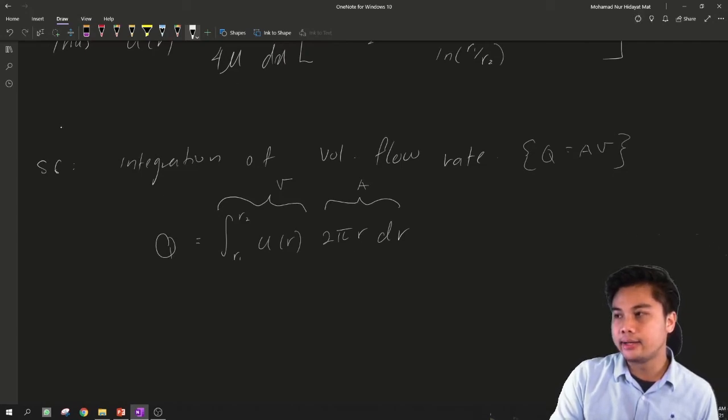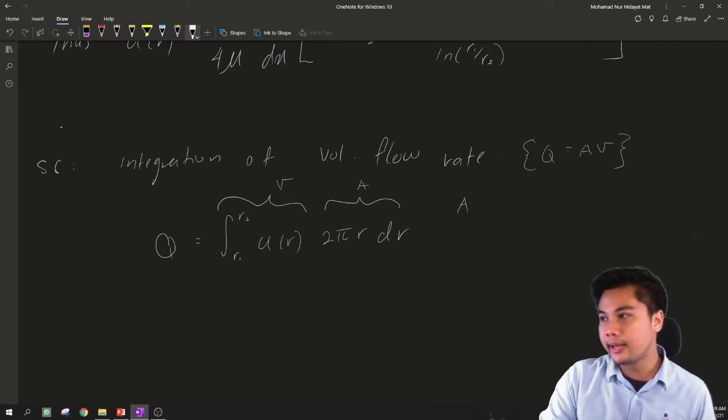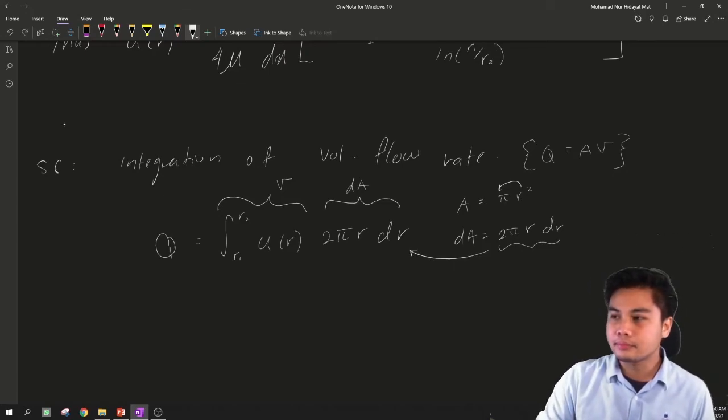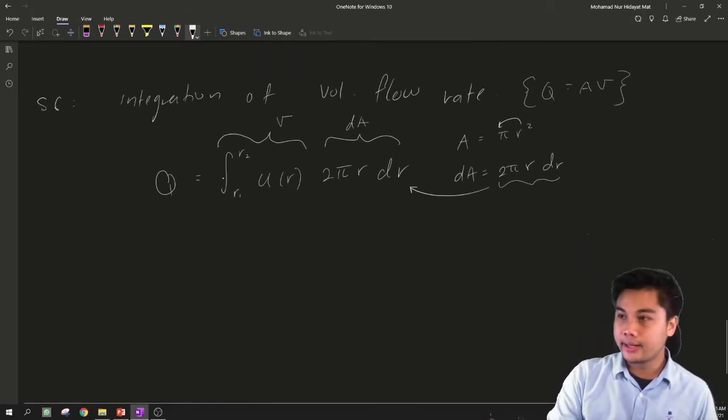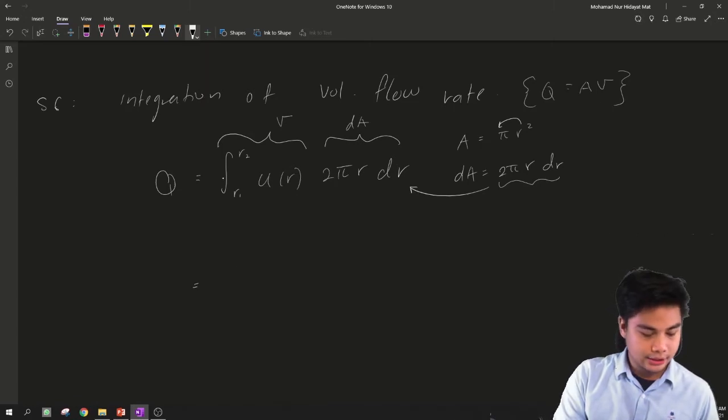The area of the circle is pi r squared. This is the cross-sectional area dA. We differentiate A, so dA is 2 pi r dr. So we take this out to replace this term, and then we do the integration with respect to r from r1 to r2.